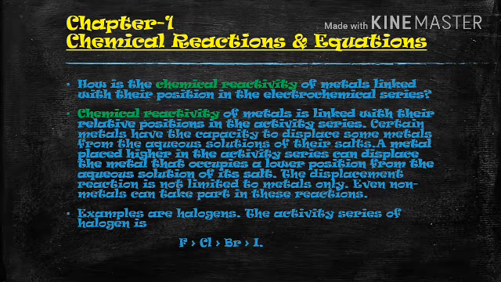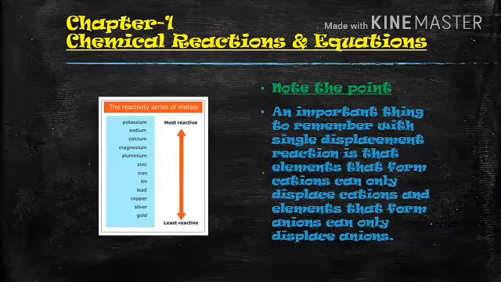Examples are halogens. The activity series of halogens, in descending order as I have told you, is fluorine, then chlorine, then bromine, then iodine. This is the series of chemical reactivity.